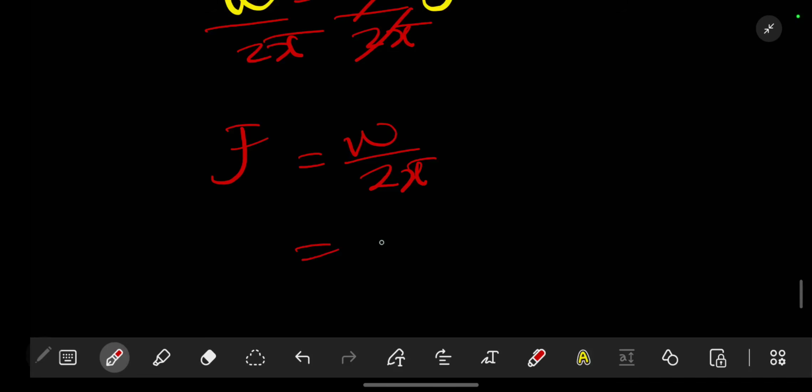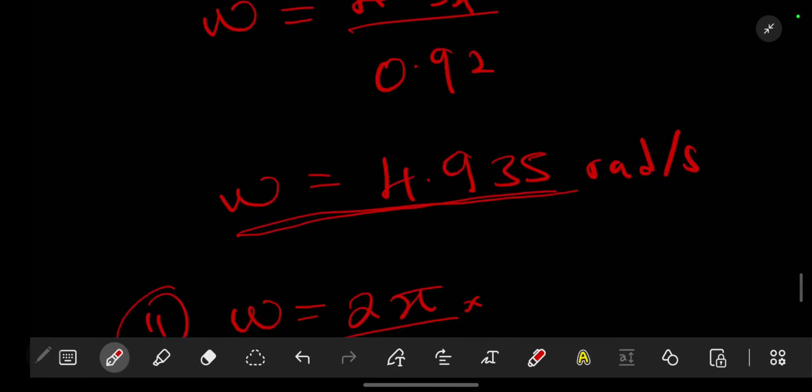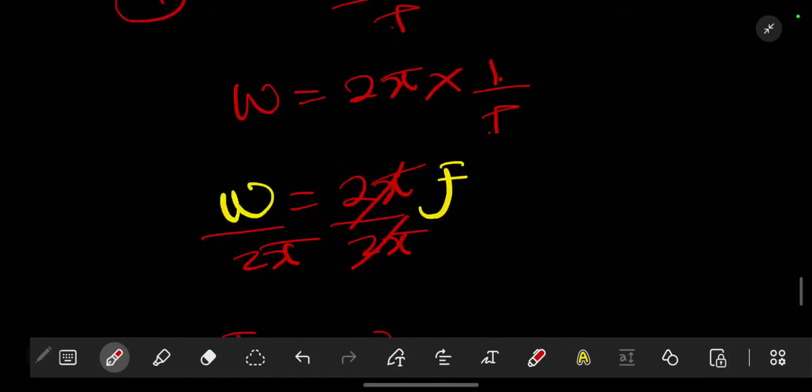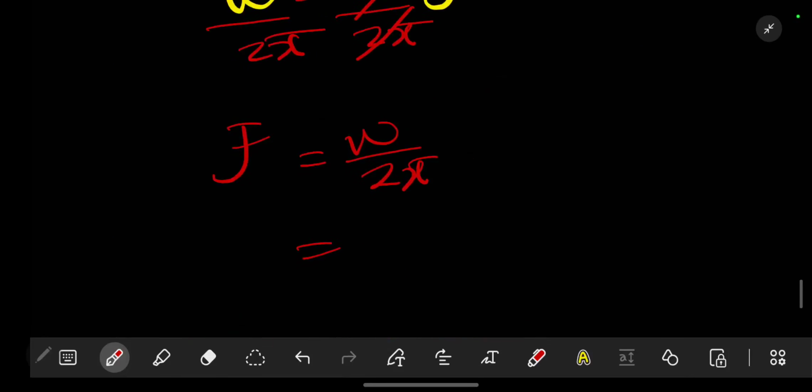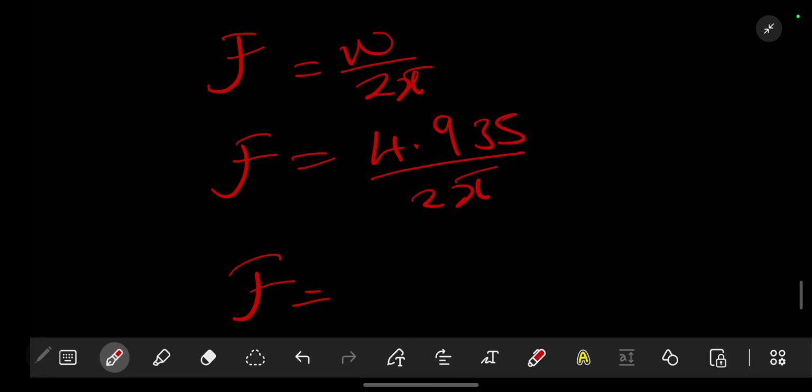So what is our angular frequency? Our angular frequency is equivalent to 4.935 over the 2 pi. So the rotational frequency will be equal to 4.935 divided by our 2 pi.